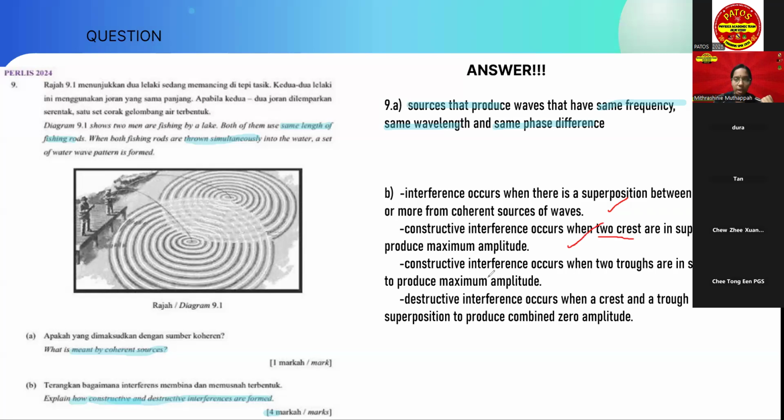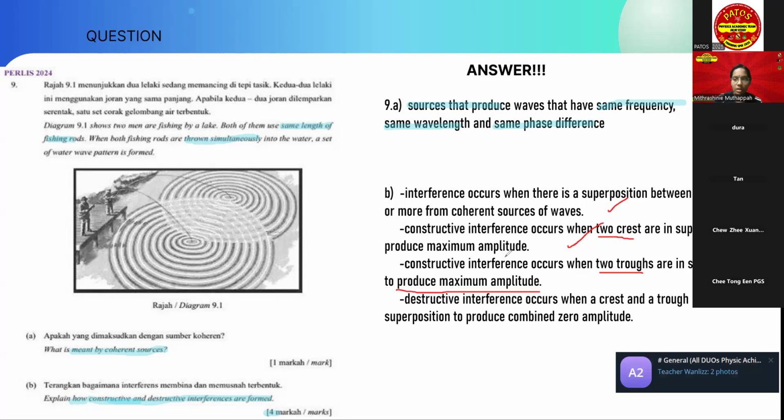And then the third mark, we also talk about constructive interference, but in this case we are talking about two troughs. Just now we talked about two crests, and right now we are talking about two troughs to produce maximum amplitude.